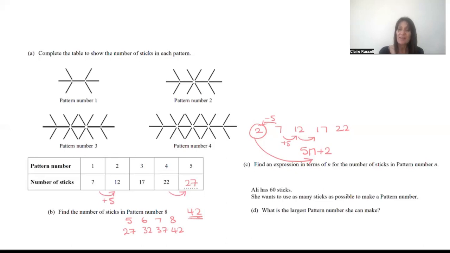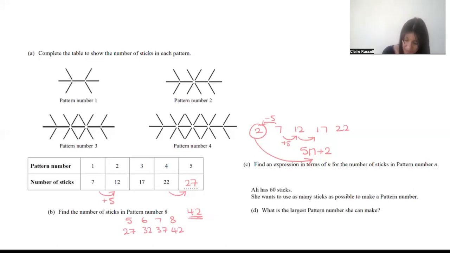The last part is asking us to work out the pattern number if we had 60 sticks to use. And to be honest with you, we don't want to overcomplicate this. 60 is not a particularly big number. In fact, it's not that far away from the 42 we found for pattern number 8. So for me personally, I would probably just carry on with my adding on.